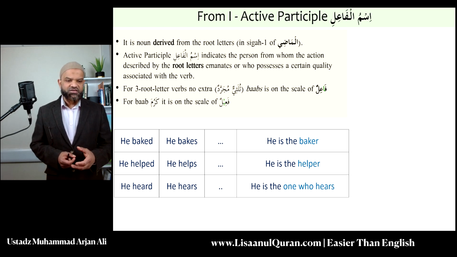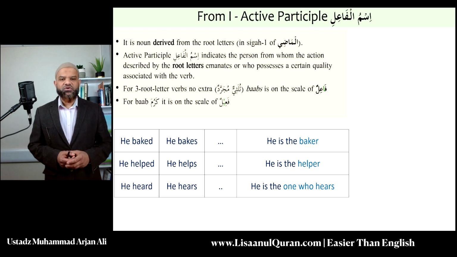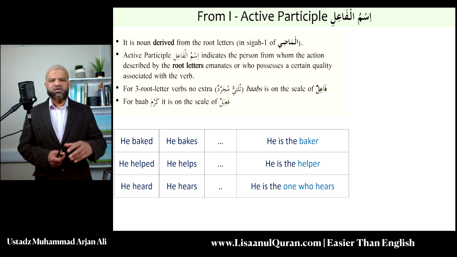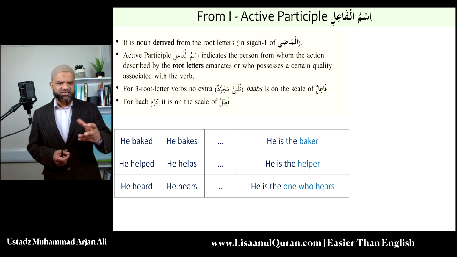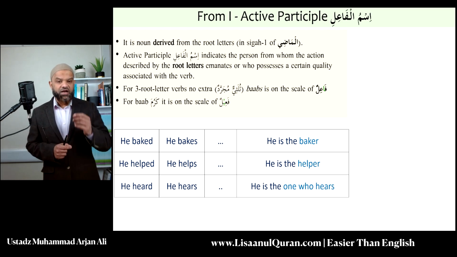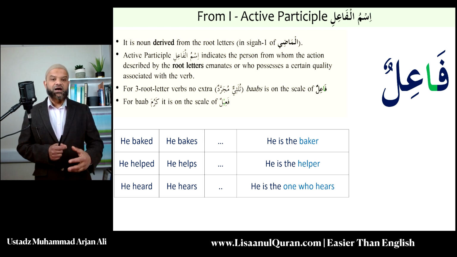He heard, he hears, and he is the one who hears. Okay, the one who has heard that sound that we were talking about. So again, you can see here in English, normally we can use the -er ending to get some similar meaning. So again, the same principle happens in Arabic. However, in Arabic, it is very strictly followed. So we have here the pattern for the doer, fa'ilun.